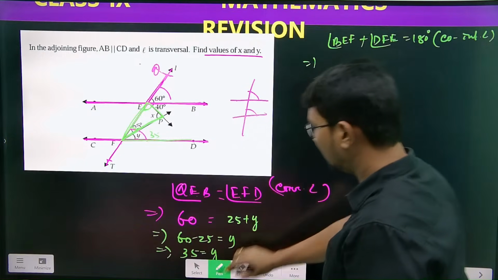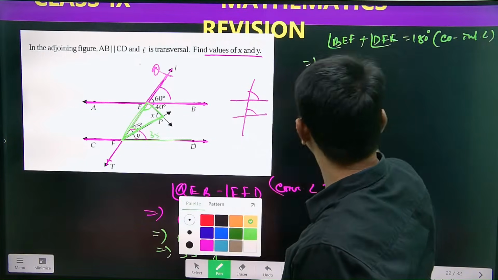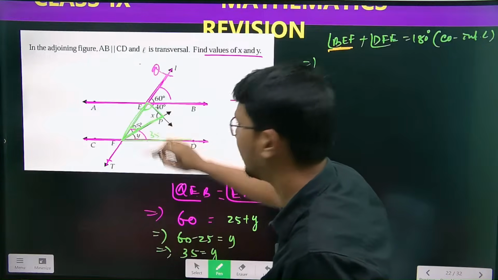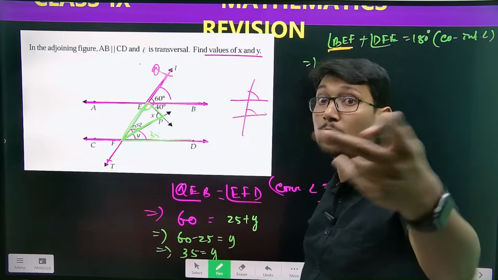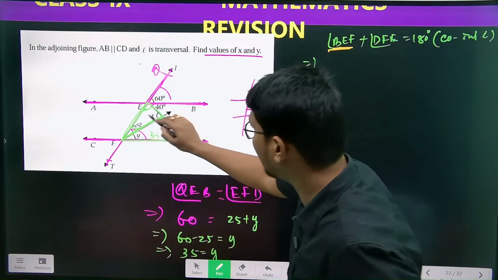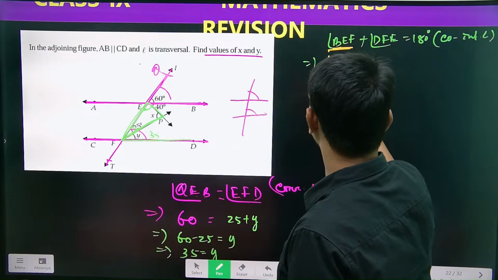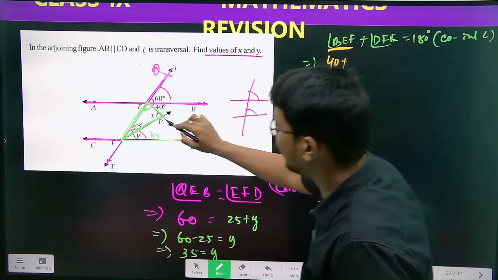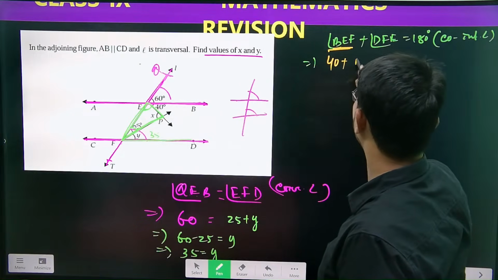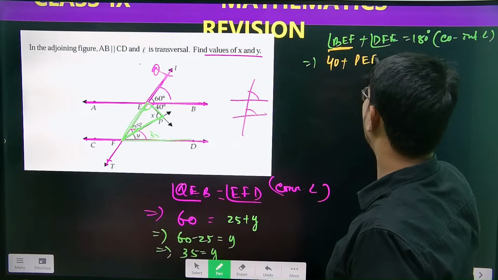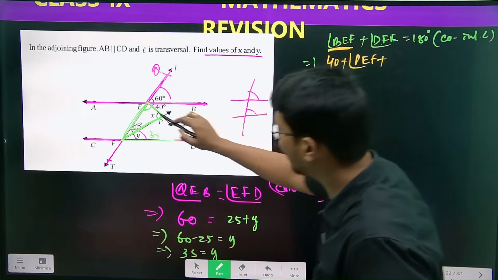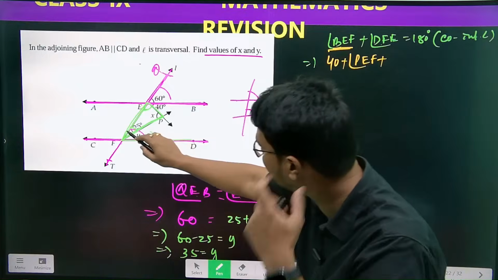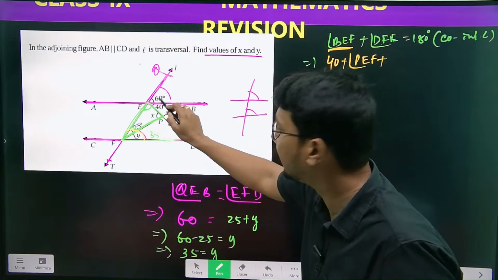But check carefully: angle BEF is divided into two parts, not equal parts. One part is 40, and this other part I'm writing PEF. Plus DFE, which we have already got, the whole angle, it's 60.